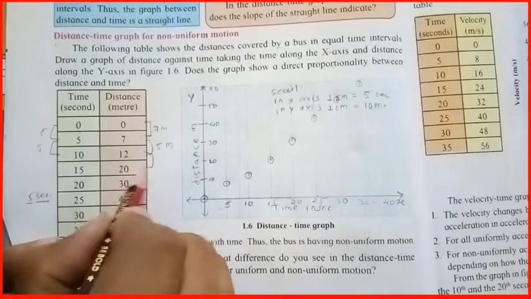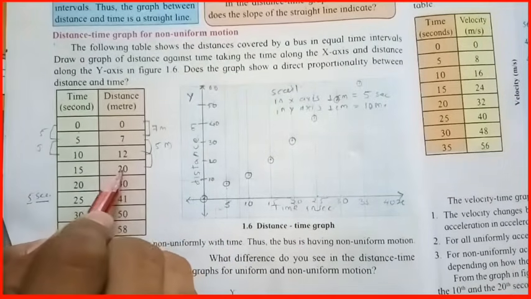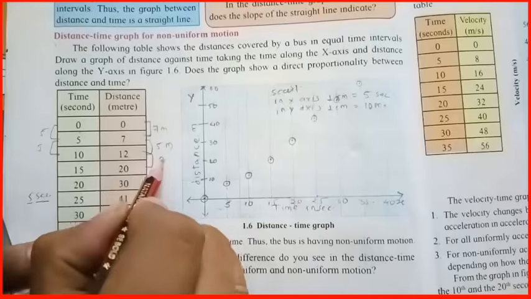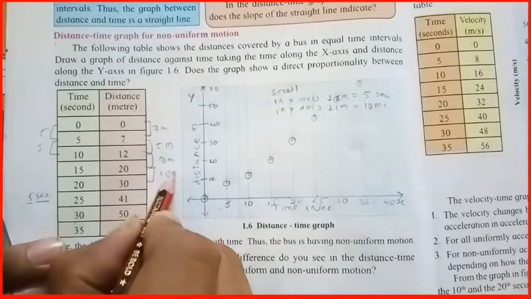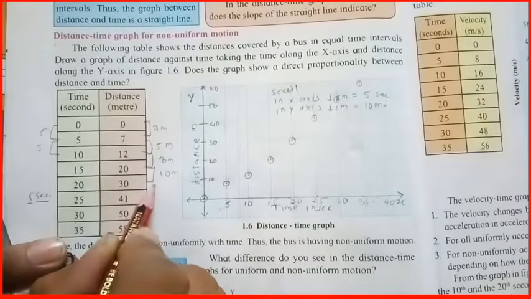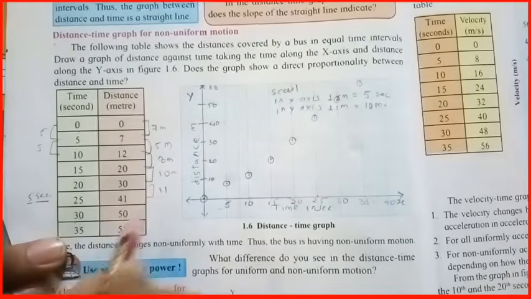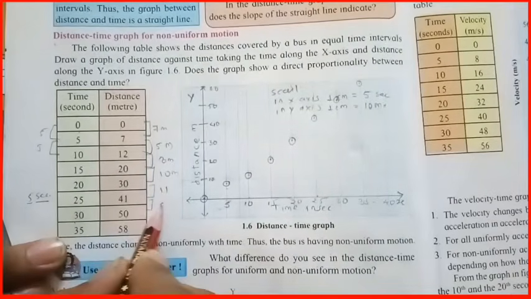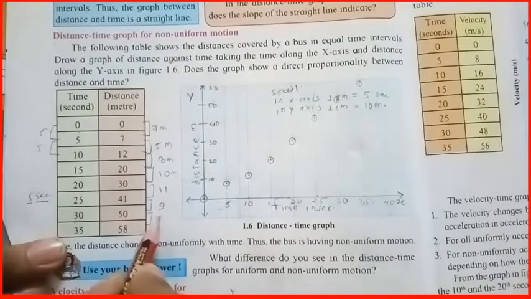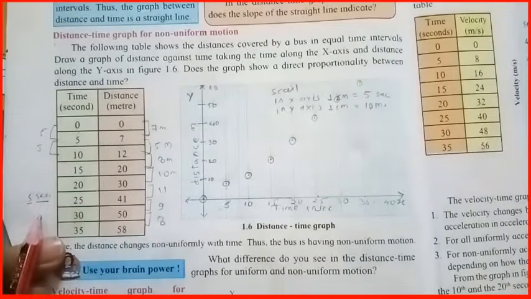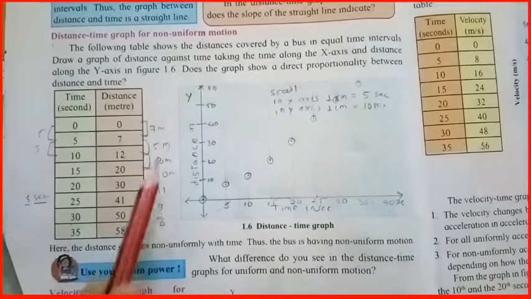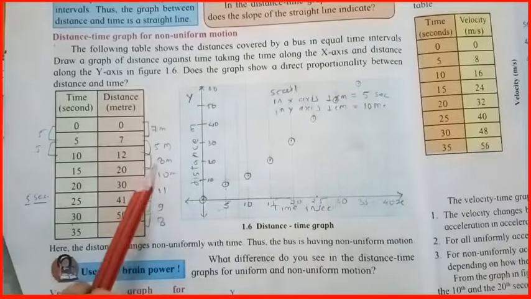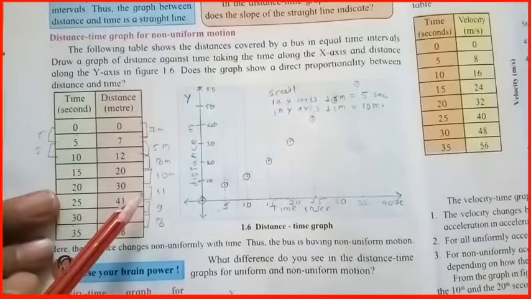In the third time interval, the distance 20 minus 12 will be 8 meters. In the next interval we have 10 meters. In the next interval we have 11. Then in the next we have 9 and last we have 8. So the time interval is the same, but each time the distance covered by the bus is different. That means it is not uniform motion.